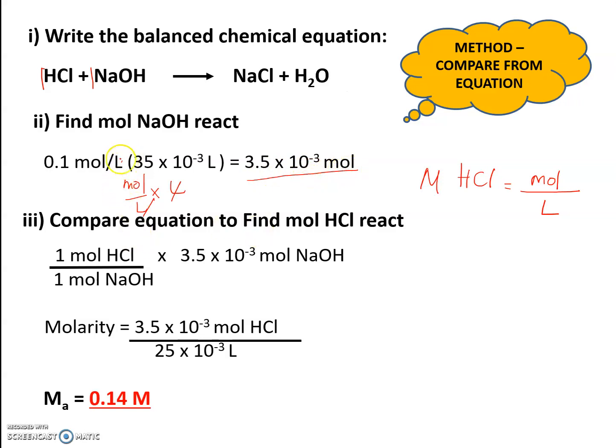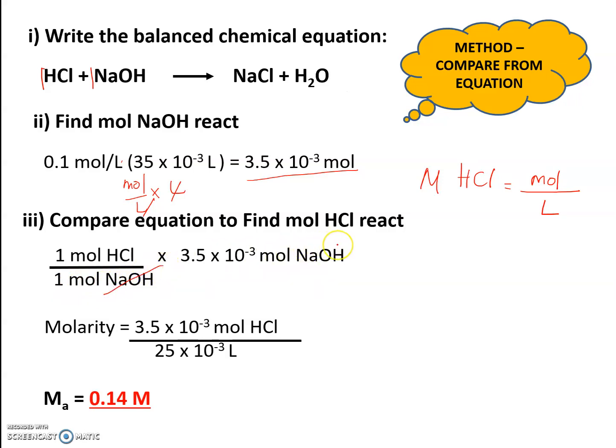Okay, so by comparing the equation, we find the number of moles of HCl reacted. 3.5 times 10 to the power negative 3 mole sodium hydroxide times 1 mole hydrochloric acid over 1 mole of sodium hydroxide.